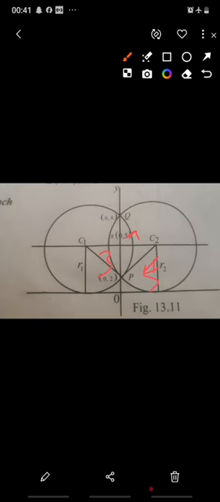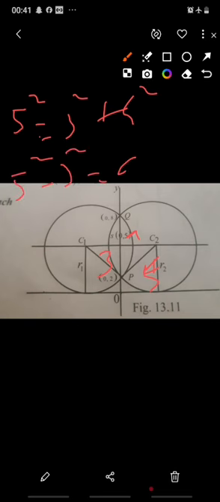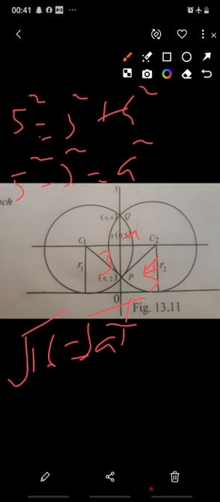From Pythagoras theorem, we can say that 5 squared is equal to 3 squared plus A squared. Therefore, A squared is equal to 5 squared minus 3 squared, so 16 is equal to A squared. We square root both sides, and then we have A to be plus or minus 4.